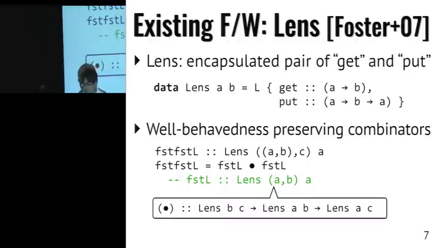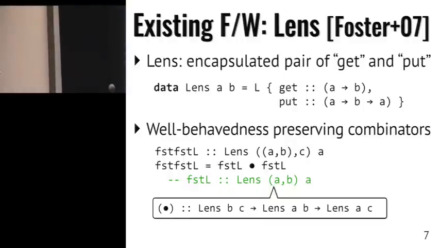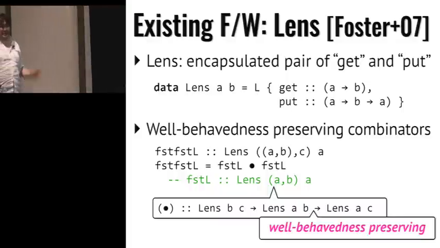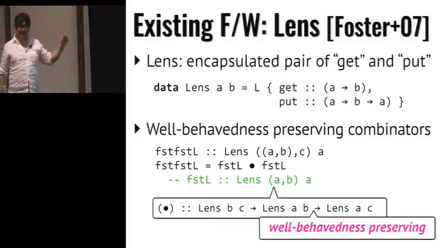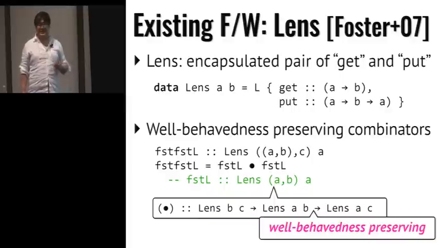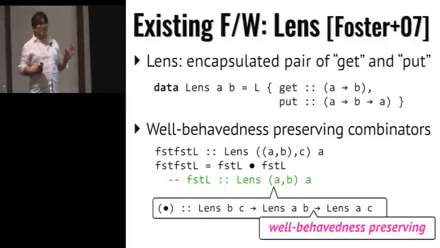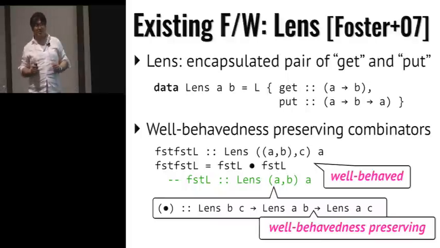What is important here is that we compose lenses using lens combinators to construct bidirectional transformations. And in the lens framework, such lens combinators are well-behavedness preserving. Since we compose well-behaved lenses using well-behavedness preserving combinators, we can guarantee that the constructed bidirectional transformations are also well-behaved. This is the key point of the lens framework.